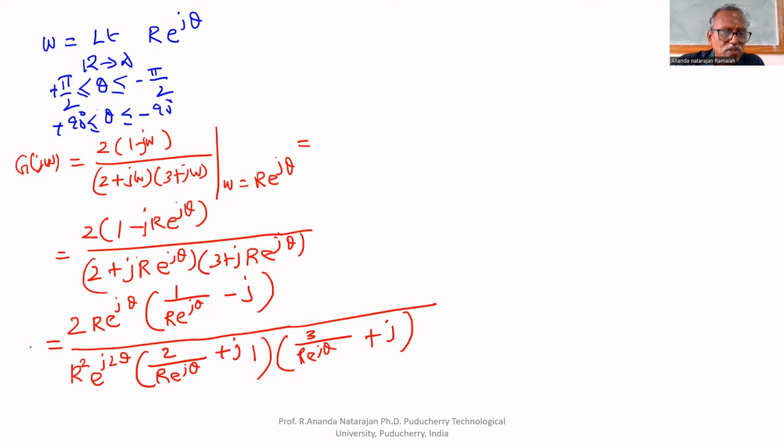While substituting, we have to put limit R tends to infinity.